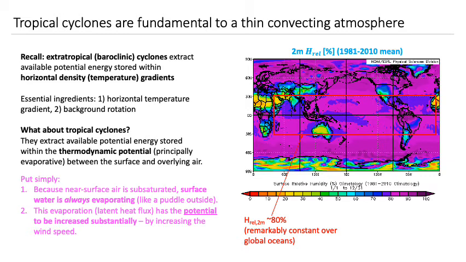And so that evaporation, that latent heat flux, has the potential, which is why we use the term potential, to be increased substantially. And specifically, now you know how, which is by increasing the wind speed. If the wind speed is faster, you're going to have a larger latent heat flux, or more rapid evaporation. And so a tropical cyclone has figured out a way to do this for its own benefit, which is pretty amazing.